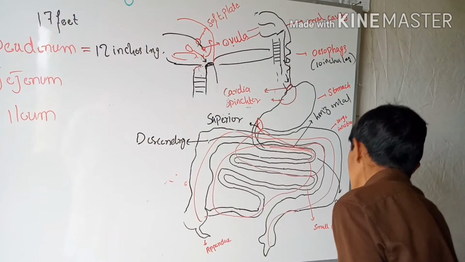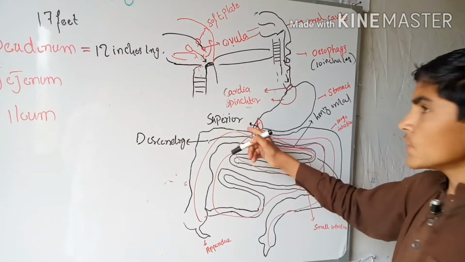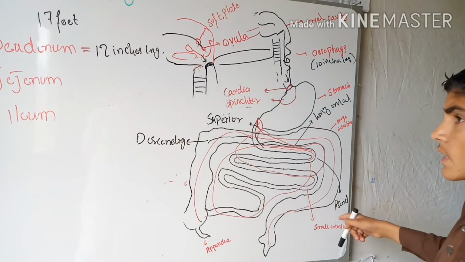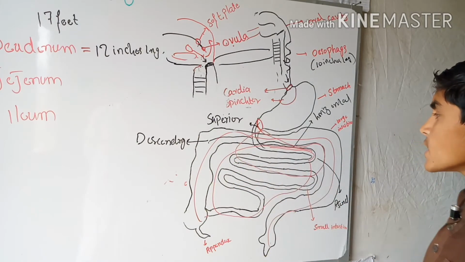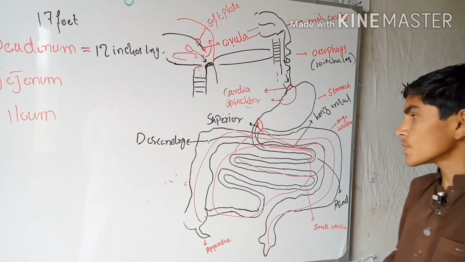So it is divided into 4 parts: the superior part, the descending part, the horizontal part, and the ascending part. It is mainly involved in the chemical breakdown of food into smaller particles.